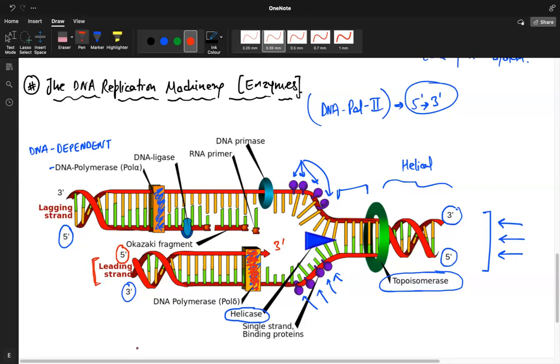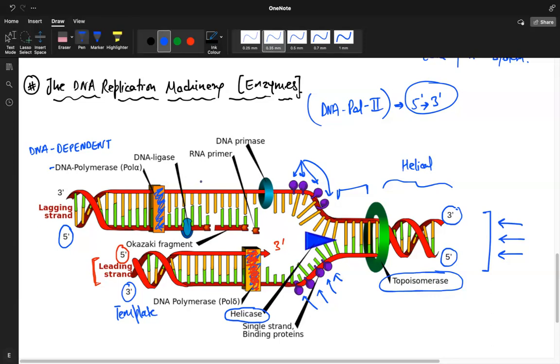It leads. The other one is called lagging strand because now you can understand the problem. Because the other template strand, what I'm marking in blue here is the template strand, right? 3' to 5'. Here the template strand is 5' to 3'. But 5' to 3' is also the direction of the DNA replicating enzyme, which is DNA Pol 2.